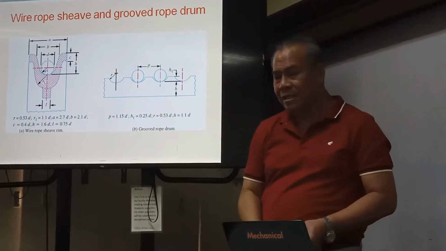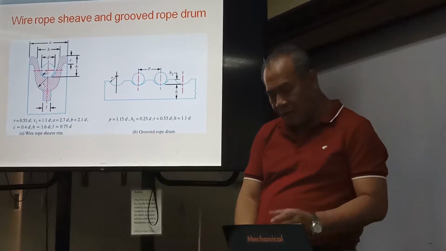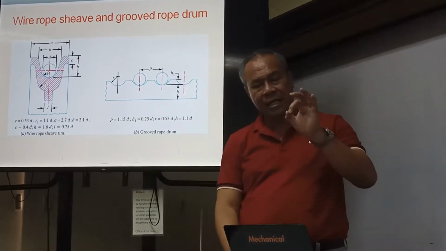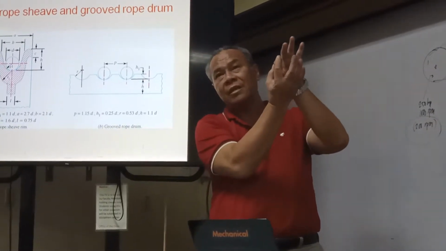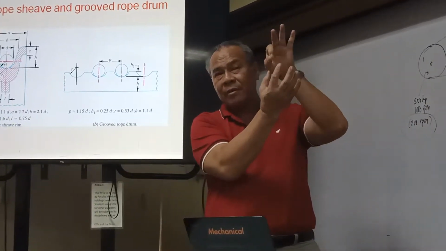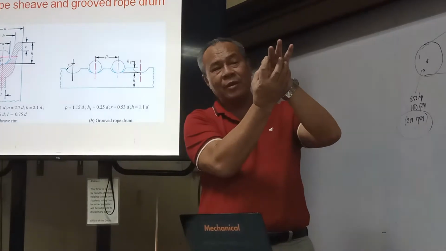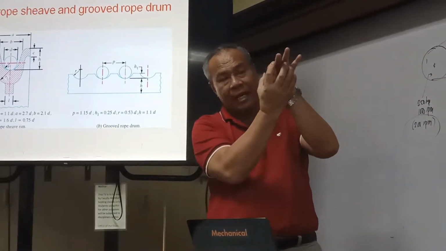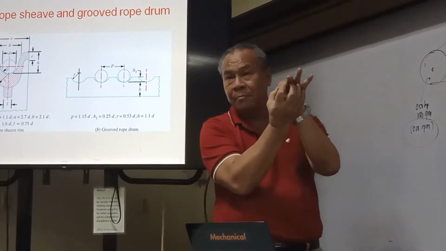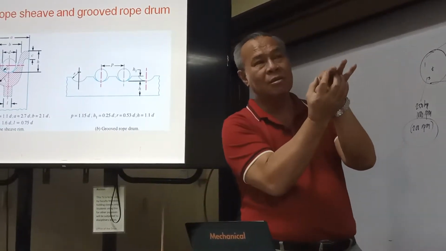Now, bakit ganda ng consideration natin? Dahil oras na yung size ng groove niya ay mas maliit kaysa doon sa diameter ng wire natin, what will happen is that, pwede niyo ma-accommodate, kaya lang nangyayari, pag gumagana, iniipit natin yung wire rope, pinipinch natin, kaya parang kinukurot siya.